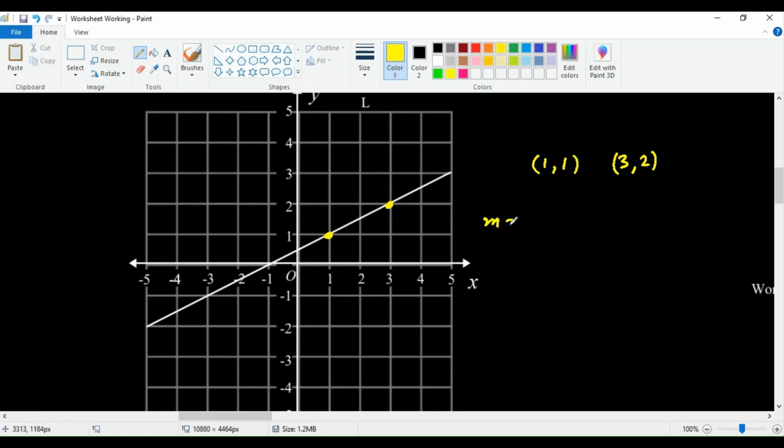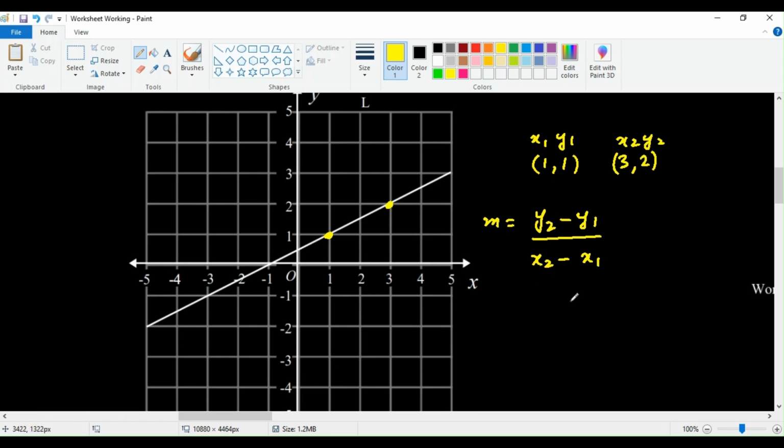M is equal to y2 minus y1 over x2 minus x1. I can say that this is x1 y1 and this one is x2 y2.